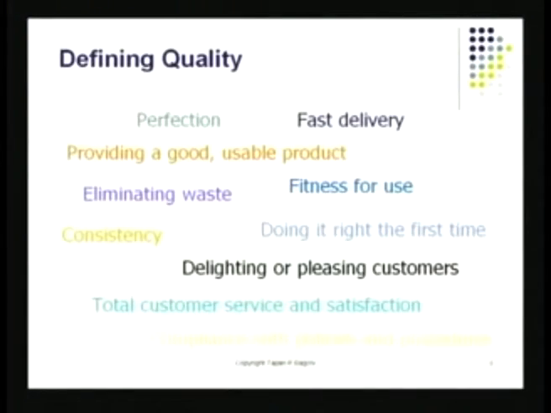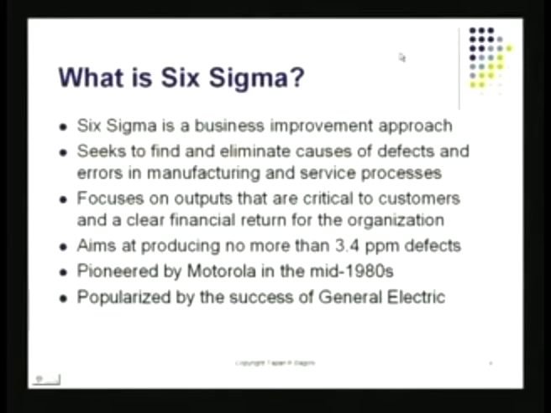Then at that point, people who select out your business out of the large number of choices they have, they are the people who'd like to be delighted or they'd like to be pleased when they have a business transaction with you. In fact, this totality can be conveyed by this phrase called total customer service and satisfaction. And of course, alongside go compliance with policies and procedures. These are the different indications of there being quality. That's what is meant when we discuss quality today.